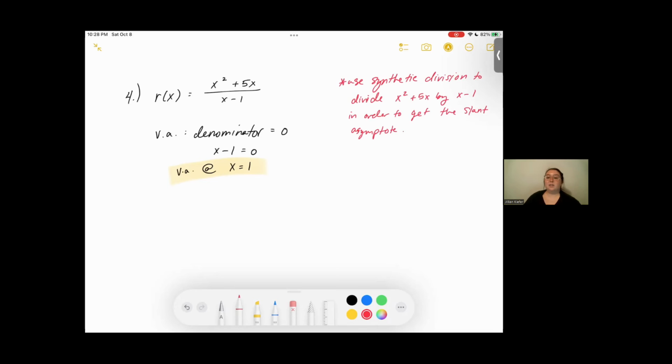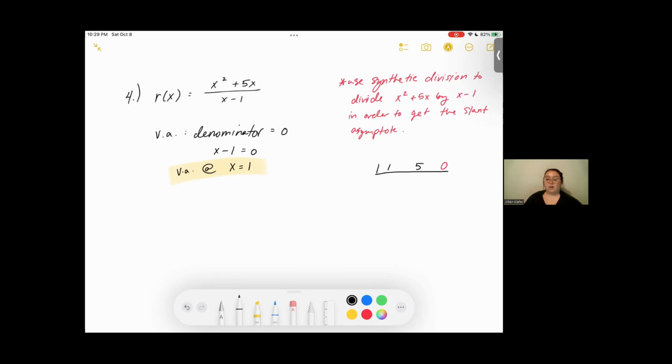If we're going to use synthetic division, we are going to set up our upside down house. We're going to fill in the coefficients of our numerator. So we have 1 x squared plus 5x, and there's no term at the end, which means that it's a 0. So we're going to have 1, 5, and 0.